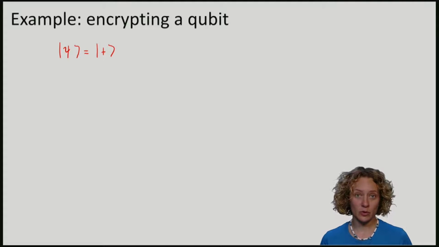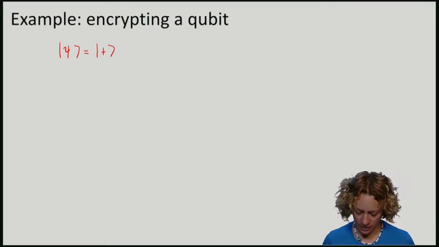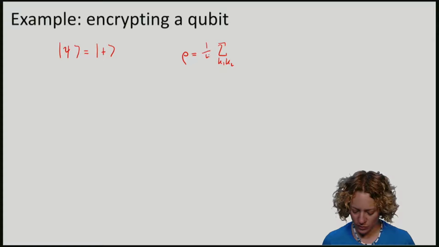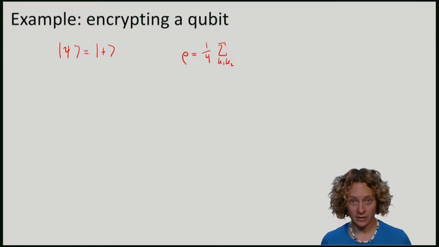And remember, we want to know what is the state that Eve sees, and Eve does not know the key. So we want to compute the density matrix, where we sum over the key bits, K1 and K2, put here 1 over 4, because there's 4 possible keys, they're all equally likely.